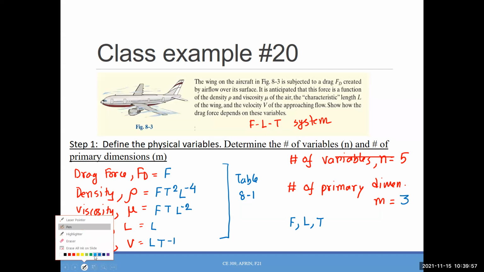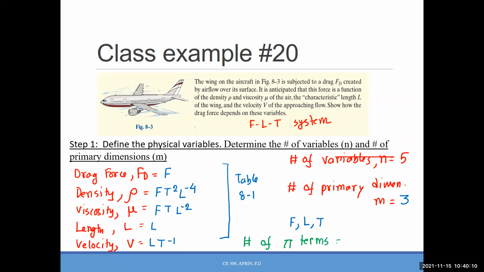So n minus m, how many pi terms will we have? 2. Okay. So we started with 5 parameters, and once we do all the analysis here, we will have 2 parameters. Okay. So we are done with step 1.